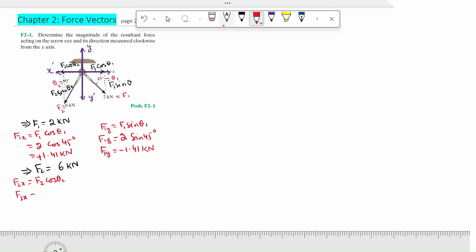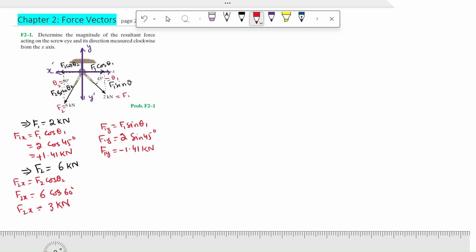Putting in the values, F2 is 6 and cos 60 degrees. After putting the values of 6 and cos 60 in the calculator, we get the value of F2x as 3 kilonewton.